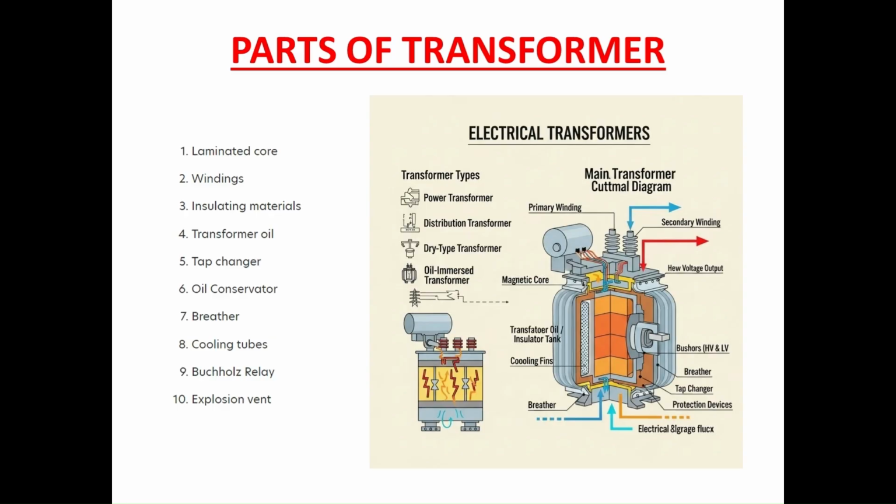This circulation goes on whenever the transformer is in service. There are different types of cooling tubes, the radiator, and the Buchholz relay that we'll see in our next videos, and the explosion vent. The purpose of these accessories we'll see in detail in our coming videos.